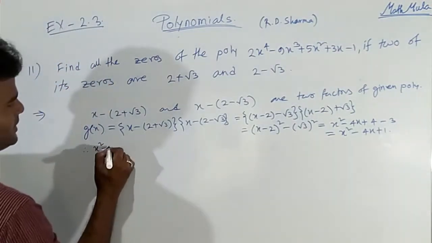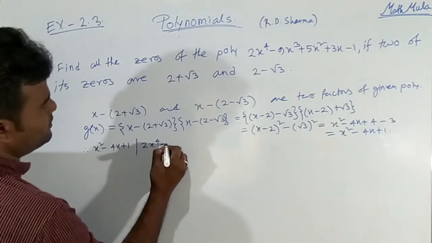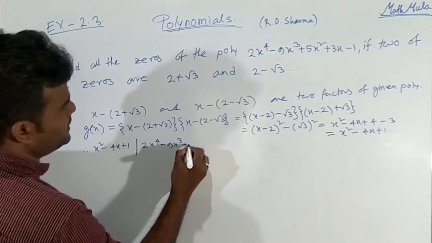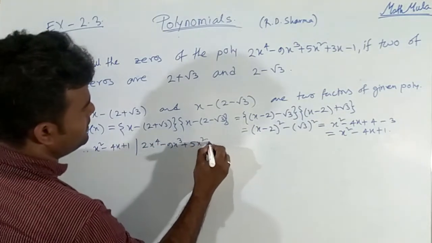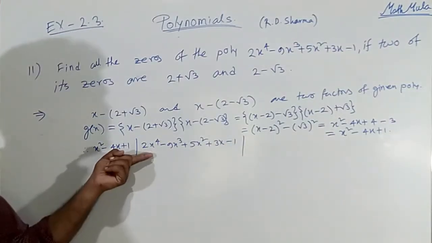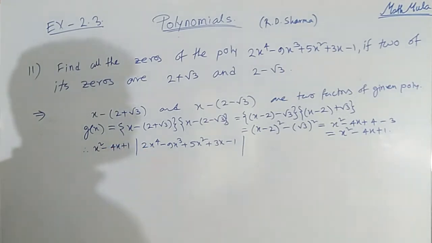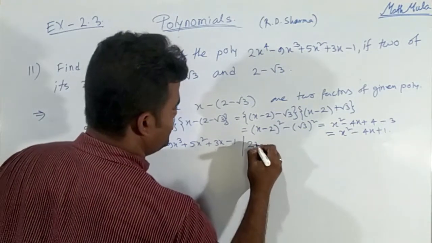Now divide 2x^4 - 9x^3 + 5x^2 + 3x - 1 by x^2 - 4x + 1. The leading term, the first term, is 2x^4. Let's multiply by 2x^2.